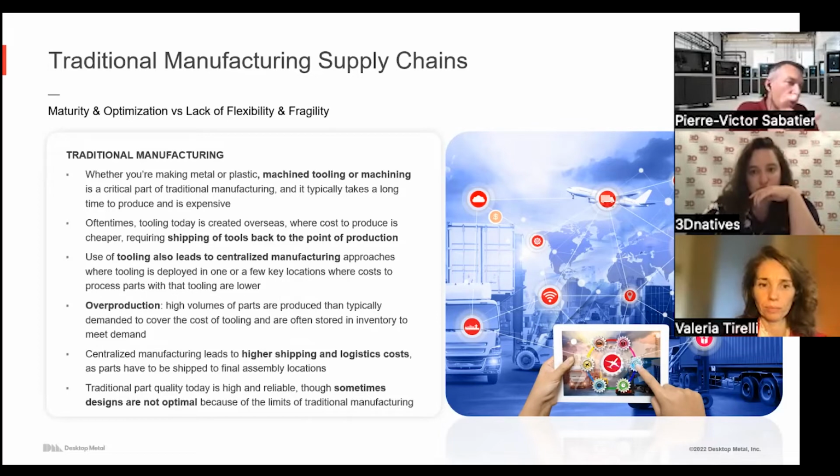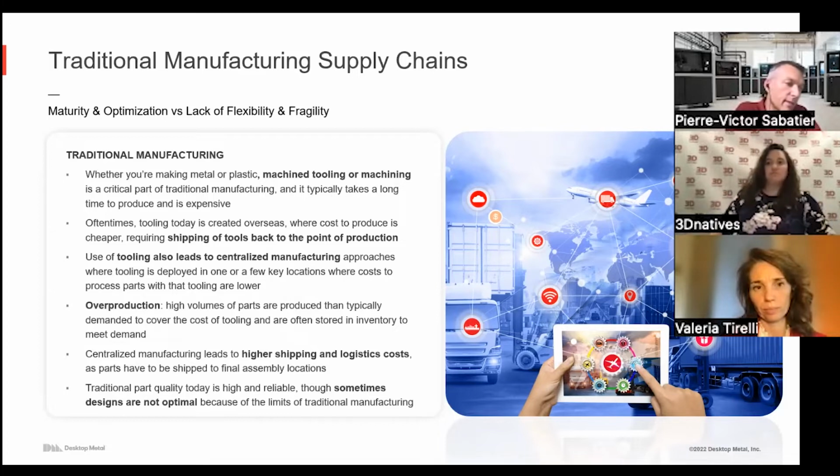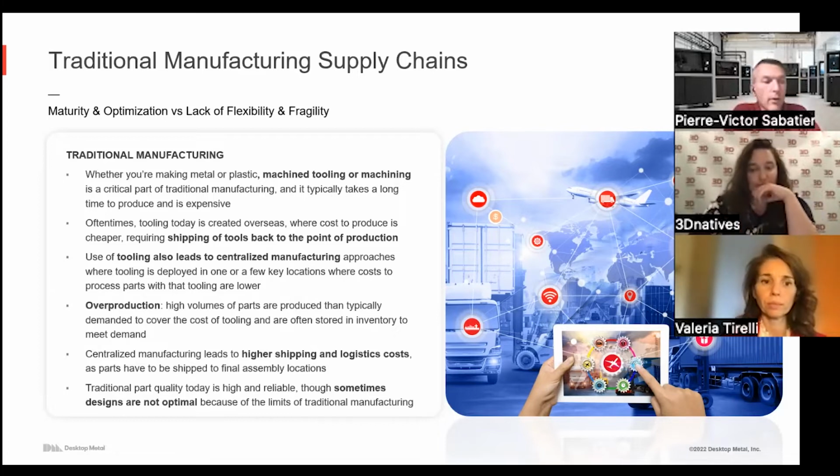I heard someone speaking about cost optimized products, which is the case. In the past years, we have optimized everything for the cost per part, for the cost of the product, but it's not performance optimized or sustainably optimized, meaning we don't include a lot of things in the cost of the product. So that's something I wanted to highlight.